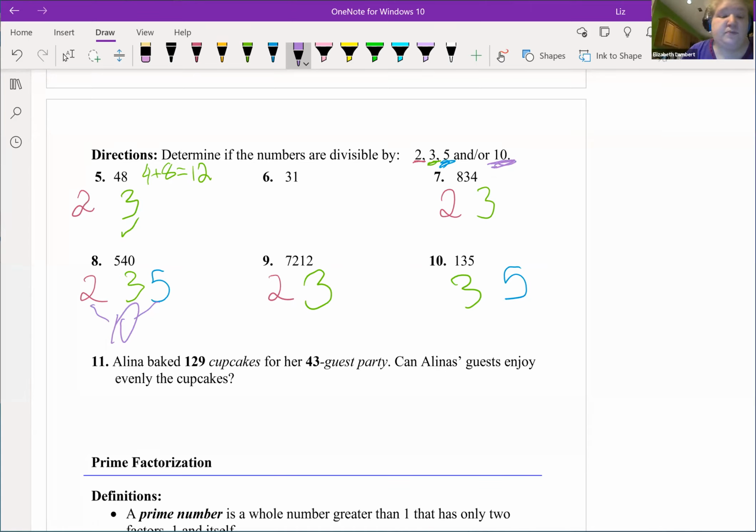Now 11, let's write a word problem. Alina baked 129 cupcakes for her 43 guest party. Can Alina's guests enjoy the cupcakes evenly? No, because out of 43 guests, at least 3 of them are going to be piggies and grab extra cupcakes when no one is looking, because you can't get 43 people around the table. So in reality, this is a silly question, but in math land, everyone is nice.